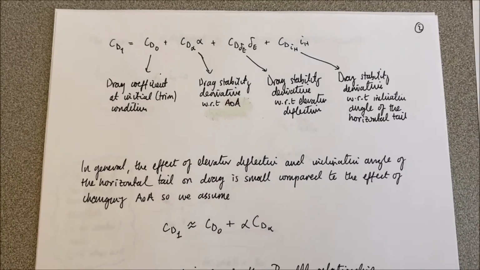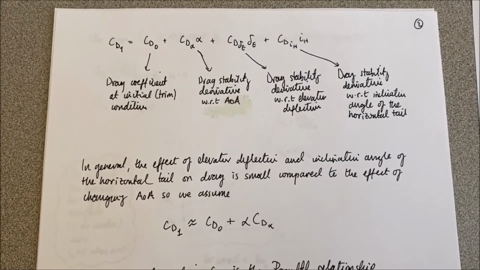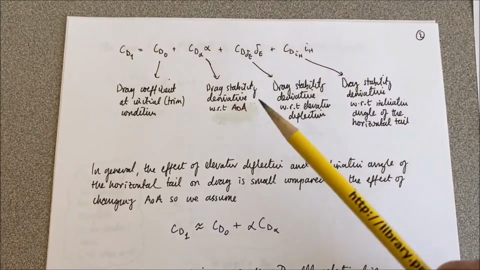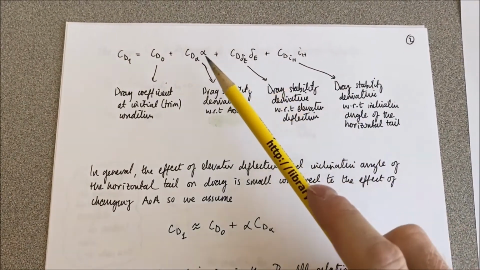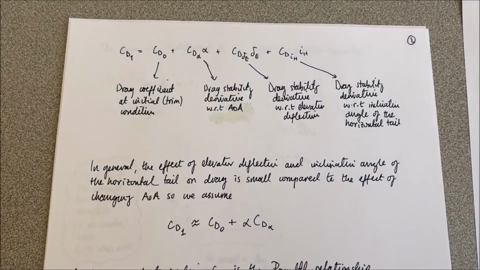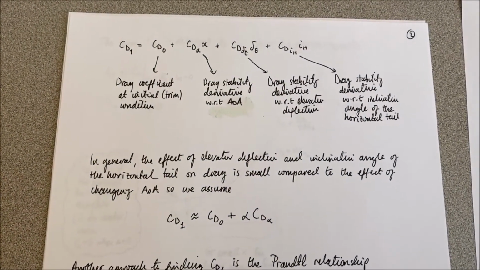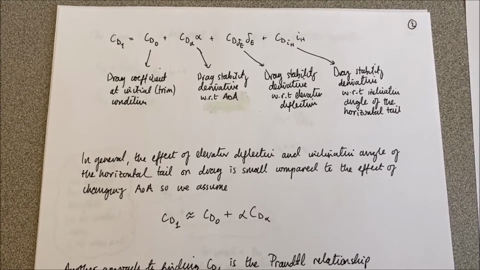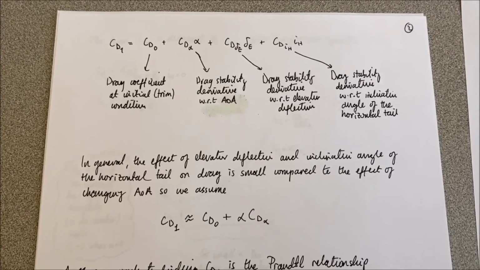So one small assumption to make here is that the effect of these two is much smaller than the effect of that one. Of course, if we change the elevator deflection angle, we're going to change the drag on the aircraft, and the same if we change the inclination angle of the tail, right?